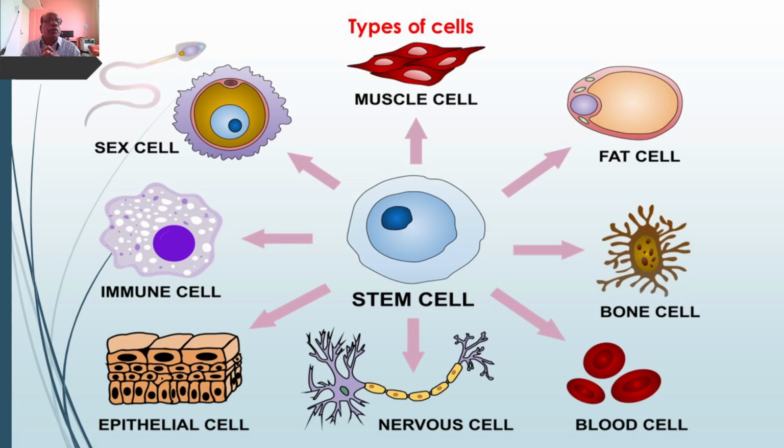formation or the development of different tissues and organs or the systems of the living organism, so as to perform different biological functions of the living organism so as to survive or grow: growth, development, then reproduction.